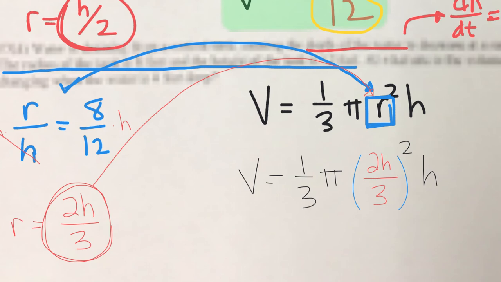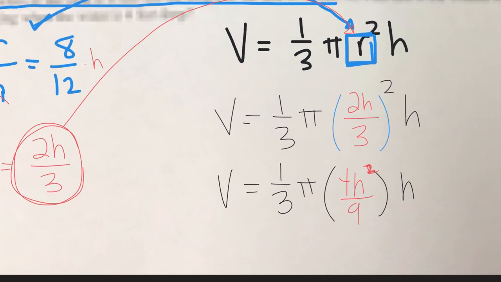So now let's simplify this volume formula down. 2h over 3 times 2h over 3 is 4h squared over 9. So that one becomes 4h squared over 9, and I'm still multiplying it by h. So let's multiply all of my numerators.